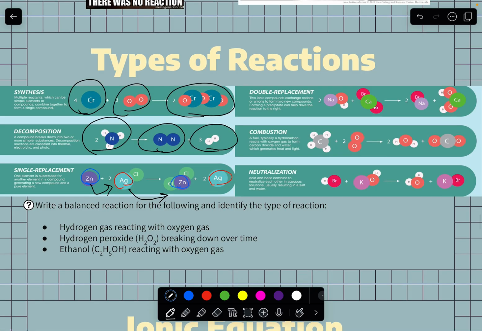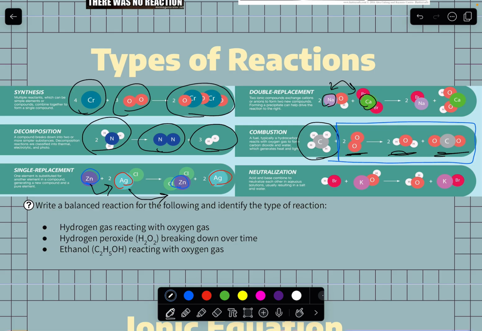A double replacement, on the top right, is when your two metals, so your Na and Ca, are going to switch places. Combustion is when you have a hydrocarbon, so something with carbon and hydrogen, that reacts with oxygen to make water and carbon dioxide. Remember, for combustion, the oxygen making water and carbon dioxide stays the same.